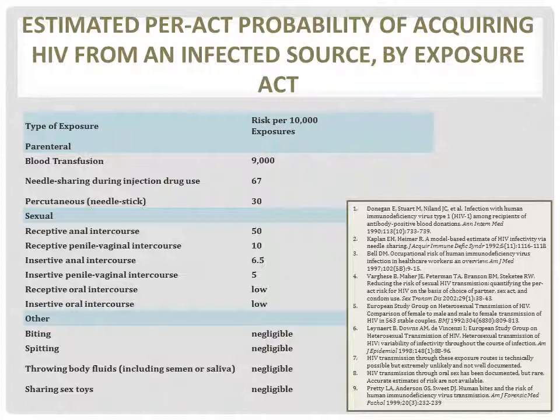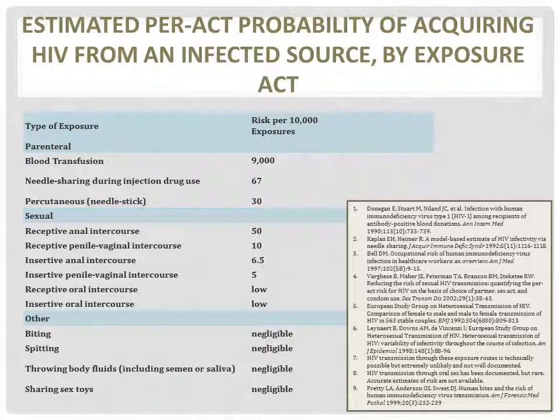You can see that blood transfusion carries the highest rate, which is 90%, and you also have insertive penile vaginal intercourse carrying as low as 5 per 10,000, and little things like biting, spitting, throwing body fluids, and even sharing sex toys have negligible risk attached to them.